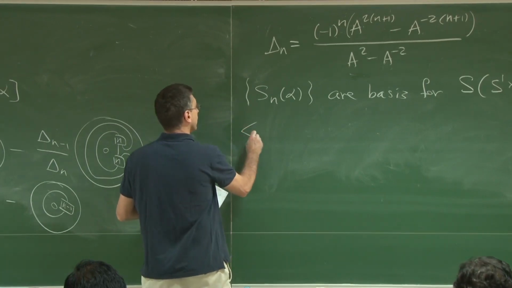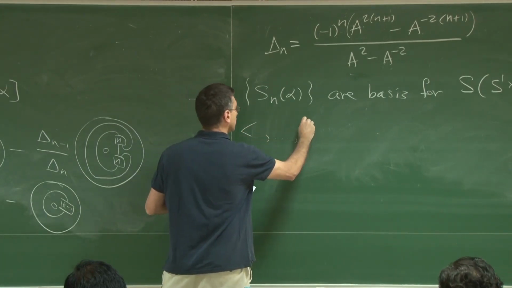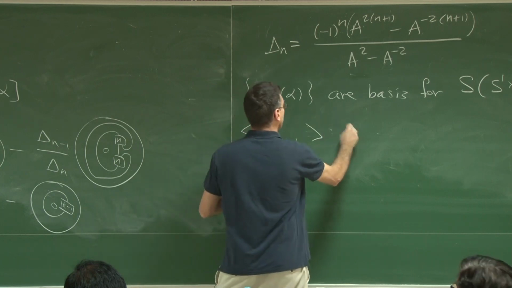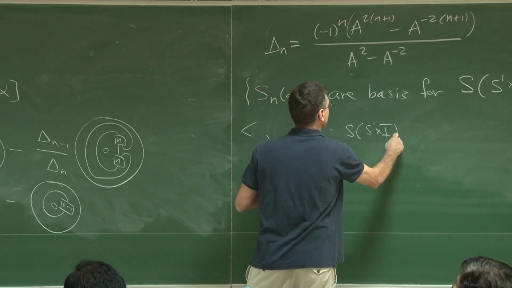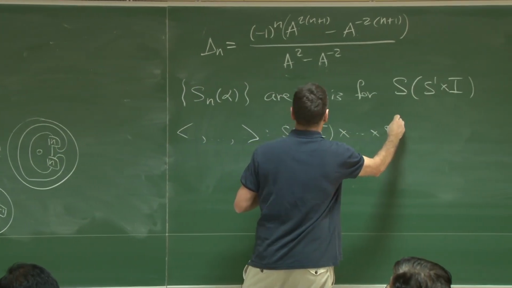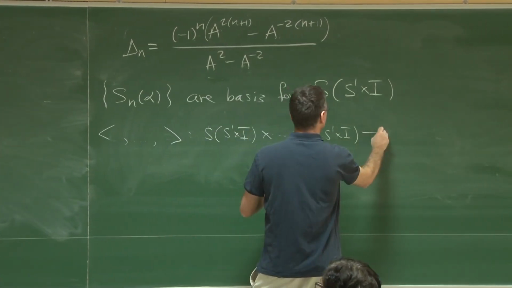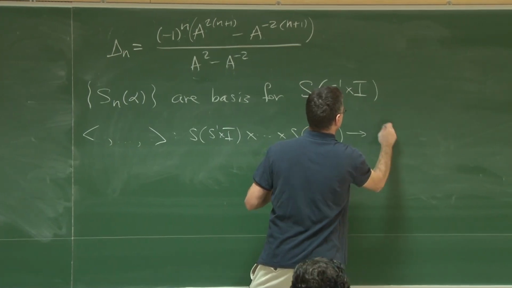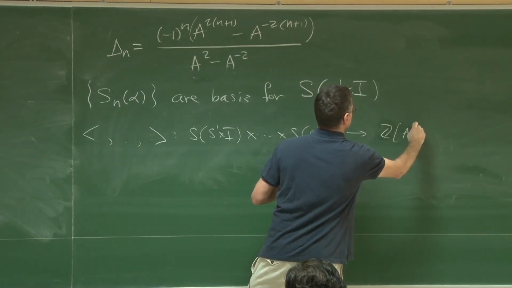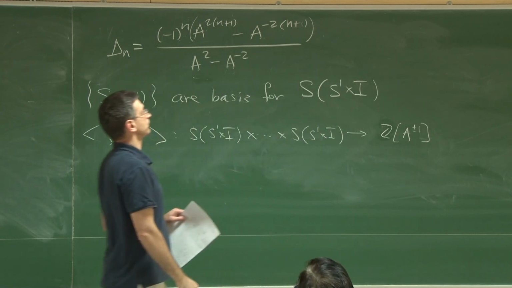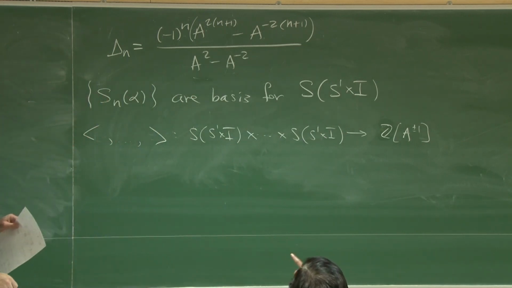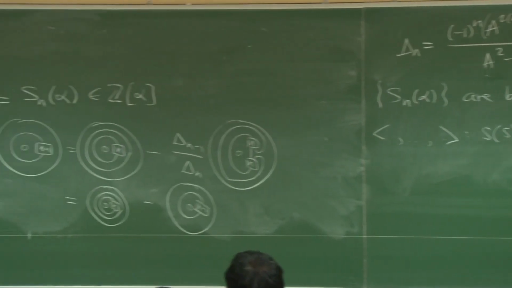We're going to define a bilinear form from the Skein algebra of the annulus into here. How do we get this delta n? Because we know exactly now this Chebyshev polynomial.